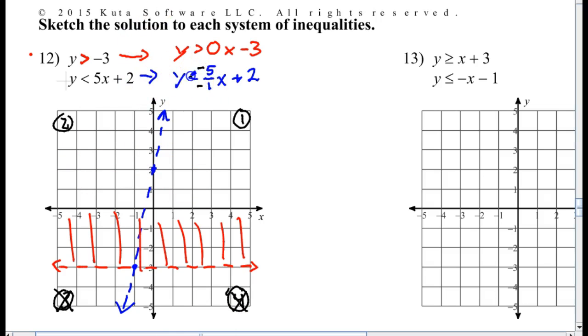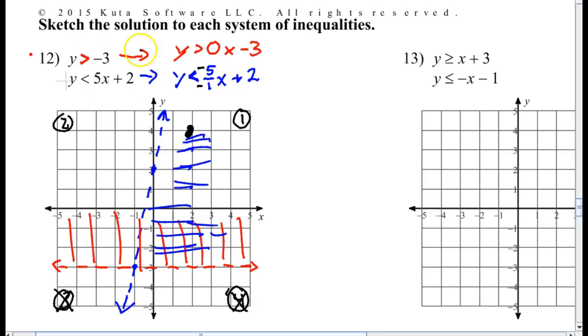And here it's going to be less than, so I want to go to my blue line and shade below, so just go straight down, right? So that means this whole area is what's going to be shaded with the blue line. So that lets me know that it's going to be this first quadrant right here is going to be my answer. Now, you don't really want to have all these lines and stuff there. So if you have anything that's outside of what your answer is, you'd want to erase that.